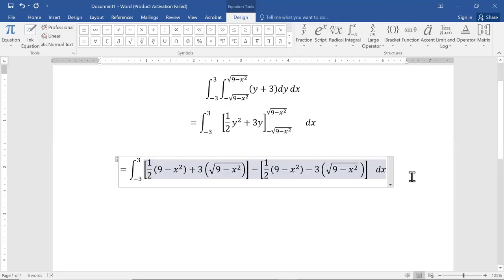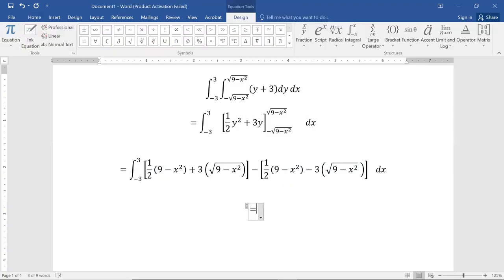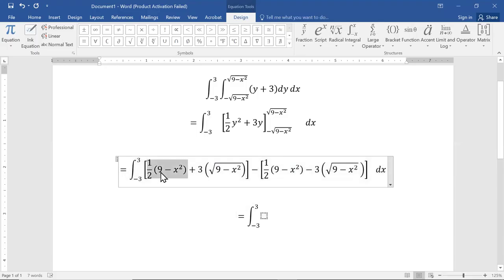Now, this is a lot, but I'm going to do this all in one step. This 1/2 times 9 minus x squared is going to cancel out with this minus 1/2 9 minus x squared. So those two initial terms are going to cancel out.